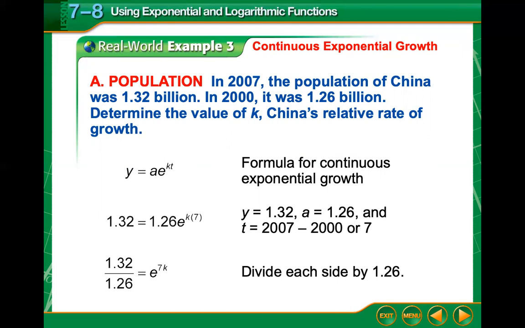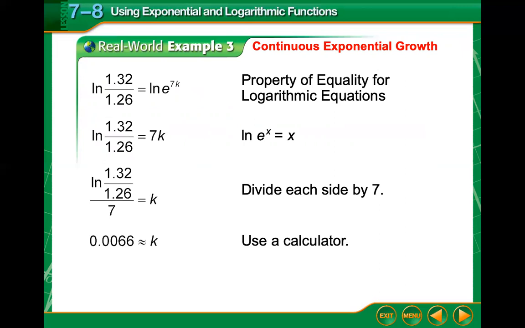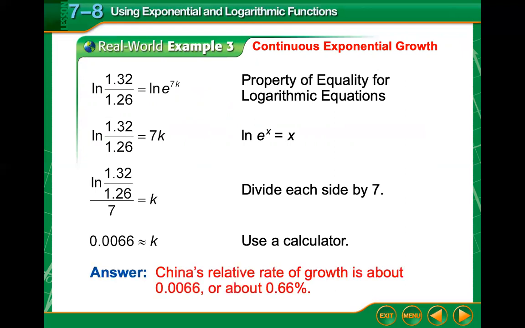We're going to divide each side by 1.26, then take the natural log of both sides, then divide each side by 7 and use a calculator to get about 0.0066, which is about a 0.66% growth rate.